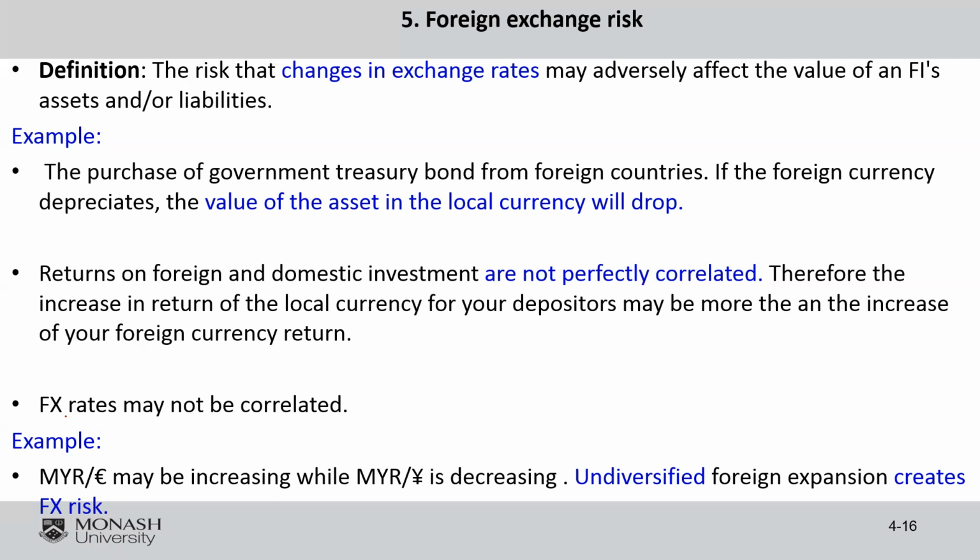For example, even if you try to take deposits from other markets and invest them in other markets as loans, for example, if you take Malaysian ringgit to pounds, and you make it as a deposit, and then you invest it in Japan, for example, the exchange rate between the ringgit and the yen may not be highly correlated to the exchange rate of the ringgit to the pound.